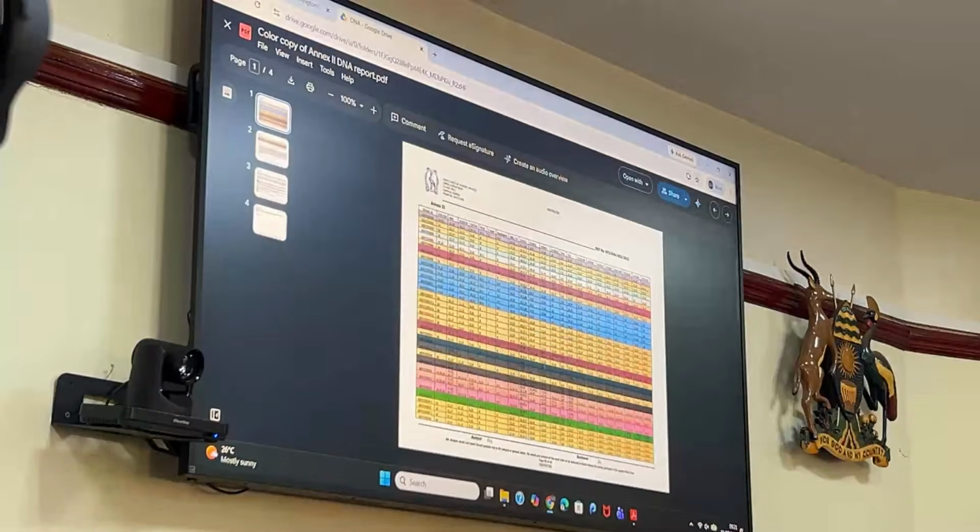That's the table, the colour version of the table, which is attached to the DNA report. Can you just expand it and go to Mole Katanga?